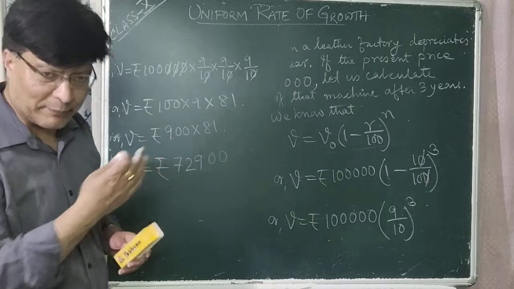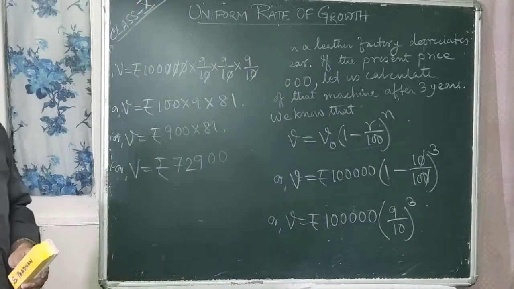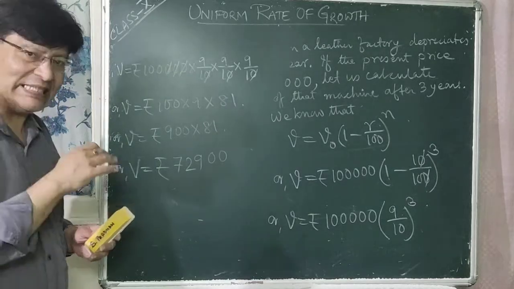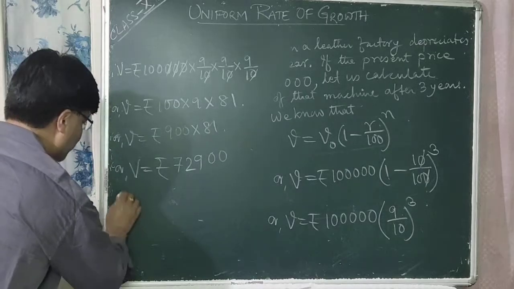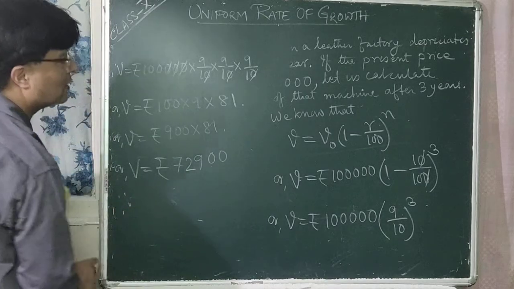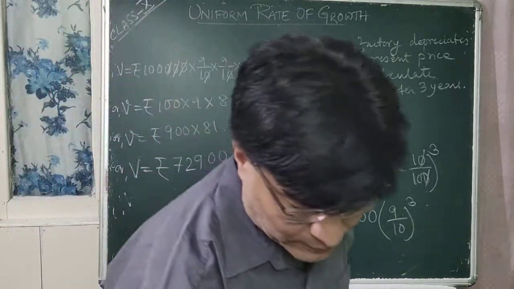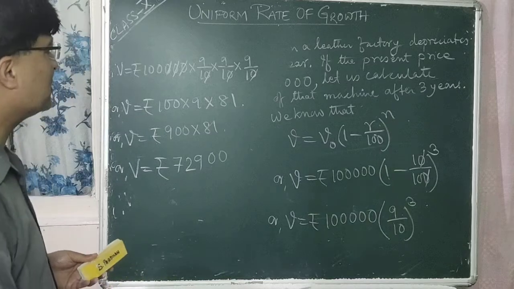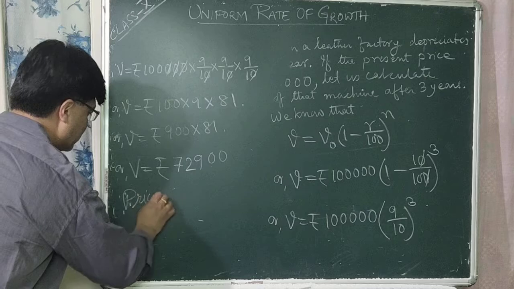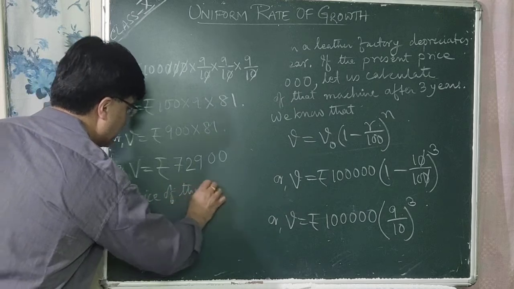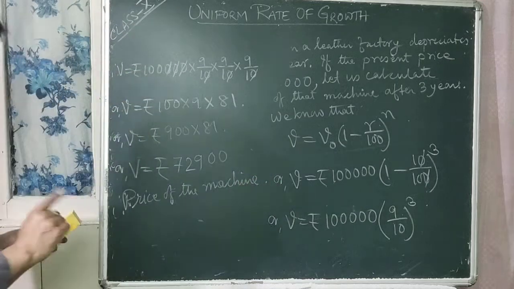किनभने यसमा चाहिँ price of a machine every year decrease हुँदै जाँदैछ. The value of a machine in this case depreciates every year, right? So therefore value or price. Let us write down the price. Value लेख्दा पनि हुन्छ, value or price have got the same meaning.